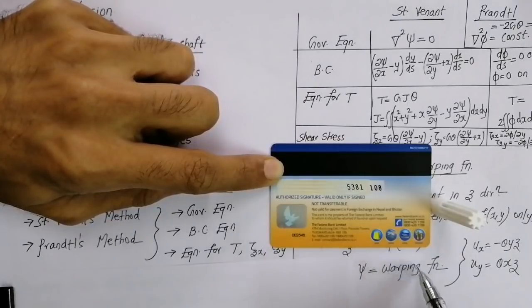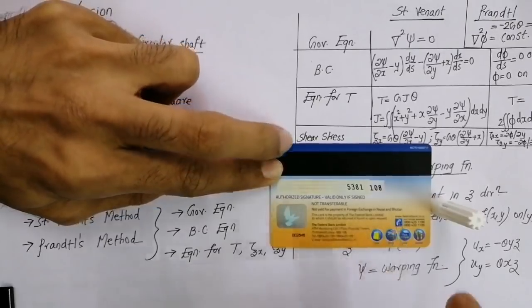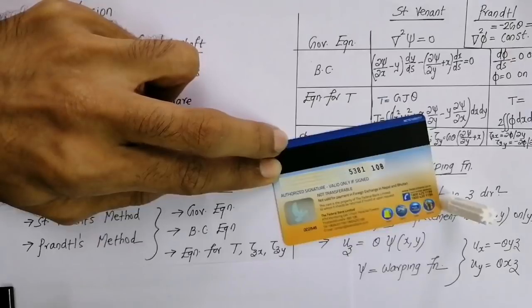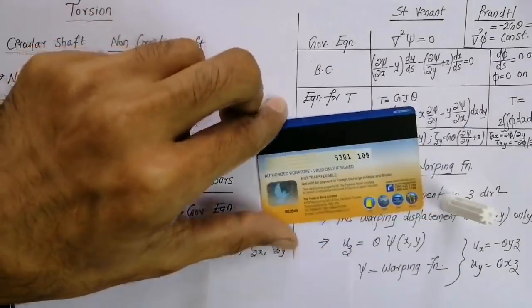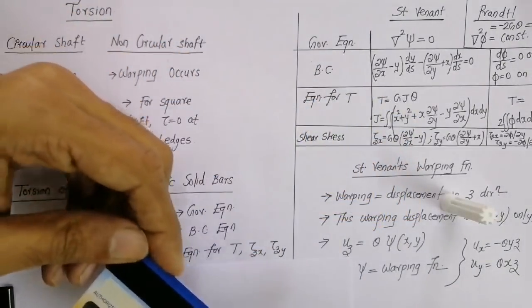Now if I apply an anti-clockwise torque on this section, any point inside this section may move like this in the anti-clockwise direction. Warping basically means the displacement in the z direction.